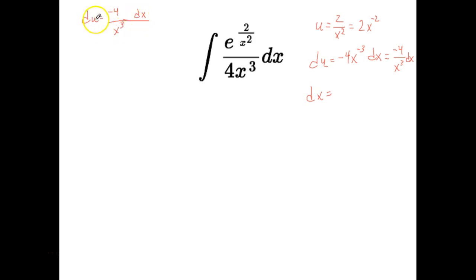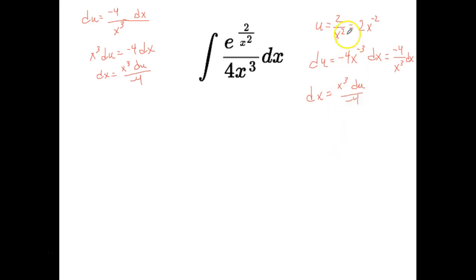So let's first multiply this over there. It's going to give us x cubed du is equal to negative 4 dx. And then we're just going to divide by negative 4, and we're going to get dx is equal to x cubed du over negative 4. And that's what dx is equal to. So I can write that over here, x cubed du all over negative 4.